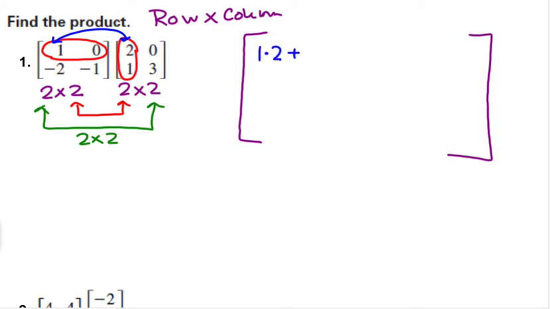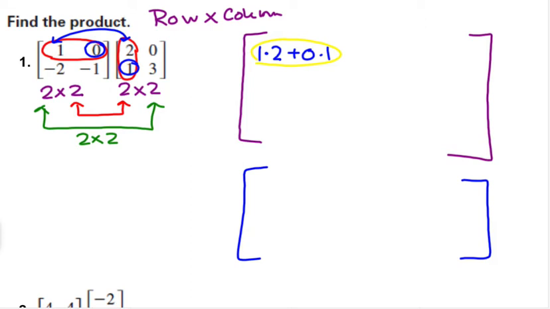And I'm going to add it to 0 times 1. I'm going to come down here and write one more big matrix, and I'm going to simplify this right here. 1 times 2 is 2, plus 0 times 1 is, so I'll just write it down here, 2 plus 0 equals 2. So there is my first element.